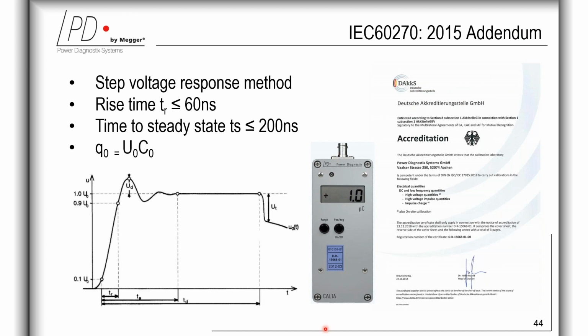And the K1A of Diagnostix consists of a step voltage generator, which is fulfilling the amendment of IEC 60270-2015 and has a built-in capacitance that directly gives the charge impulse.